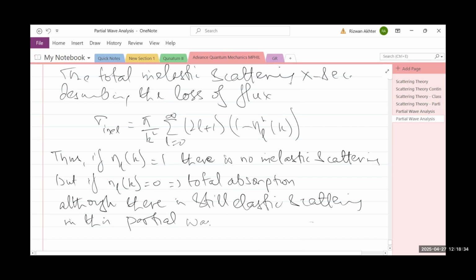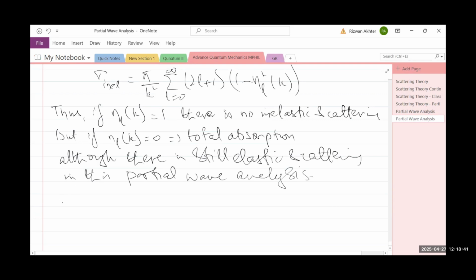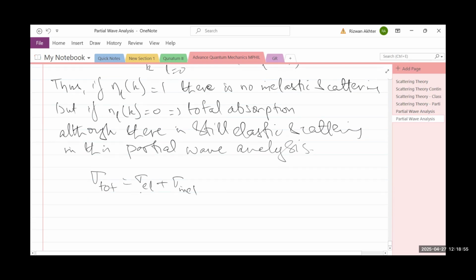Therefore we can obtain the total scattering. So the total scattering would be equal to elastic scattering plus inelastic scattering, and this would be some value you get when you add these two terms.